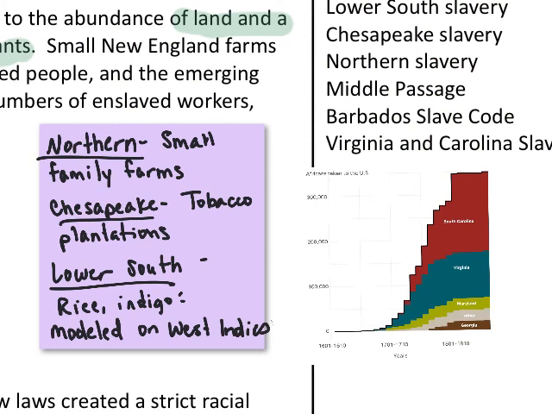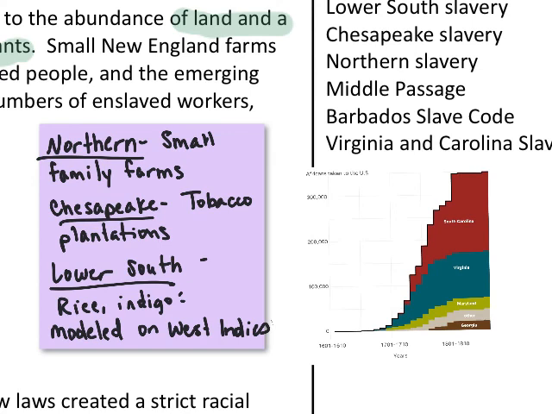And as I was just talking about, the large number of enslaved laborers that are going to be brought to the South, again, Virginia and South Carolina being the two largest population centers. Eventually, the number of enslaved laborers in South Carolina will outnumber the white population in South Carolina.